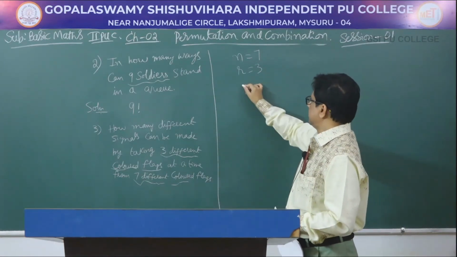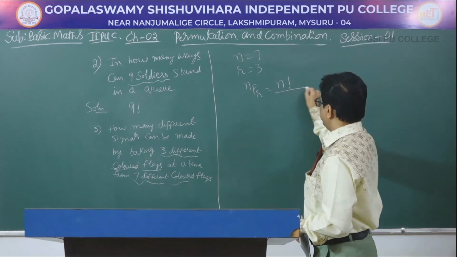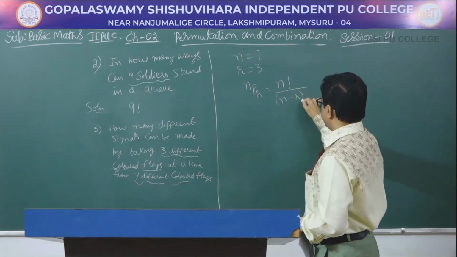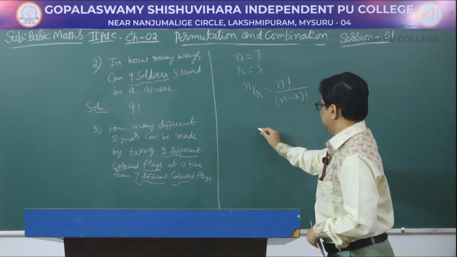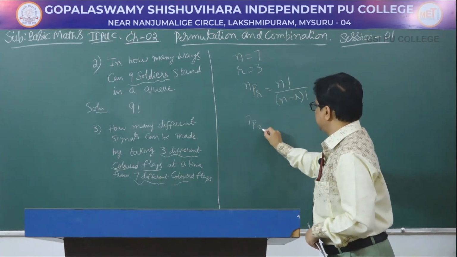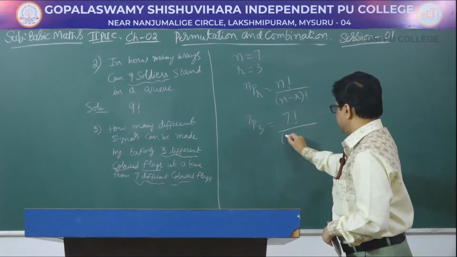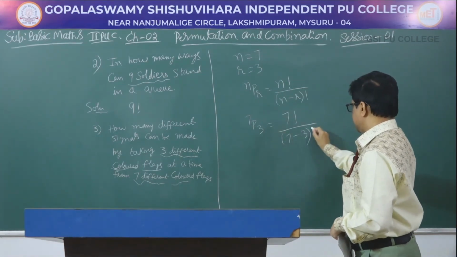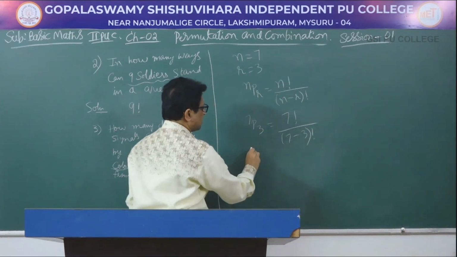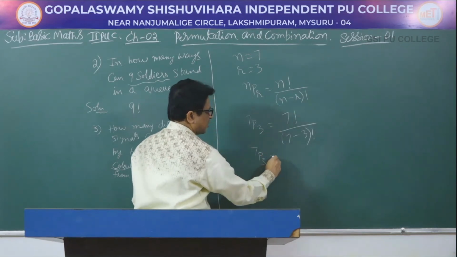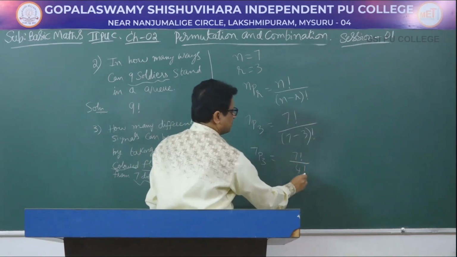So, we have a formula nPr is equal to n factorial by (n minus r) factorial. Here n is 7 and r is 3. So 7P3 is equal to 7 factorial by (7 minus 3) factorial, which is 7 factorial by 4 factorial.